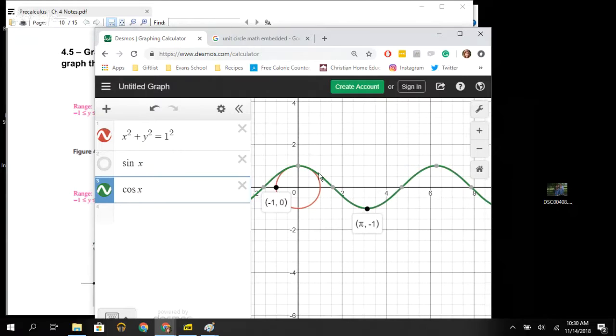And this has the same property where if we go all the way back to 360 degrees, our cosine is 1, and the cosine of 360 degrees or 2 pi is 1. So there's this relationship back and forth between the unit circle and the sine and cosine curves. It's actually pretty cool, I think. Like, oh, it actually works, right?